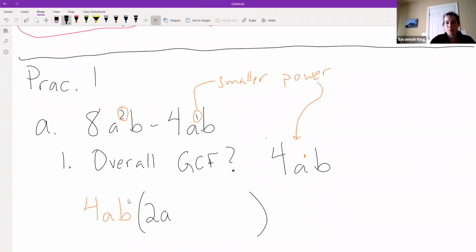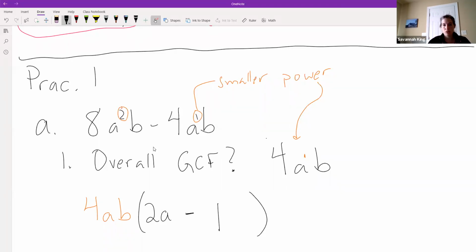And then when I divide the b that's part of the GCF out of the b that was part of my original term, those just cancel. Then if you look closely, notice that the second term, 4AB, is my GCF. So I'm dividing 4AB out of 4AB. I'm dividing a quantity out of itself, and that always just leaves a 1.